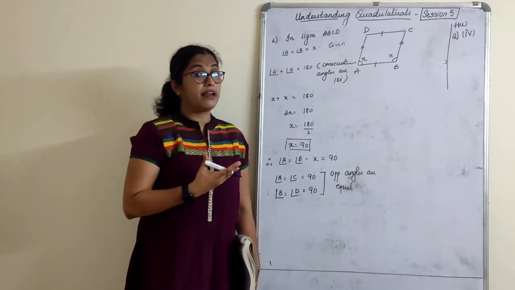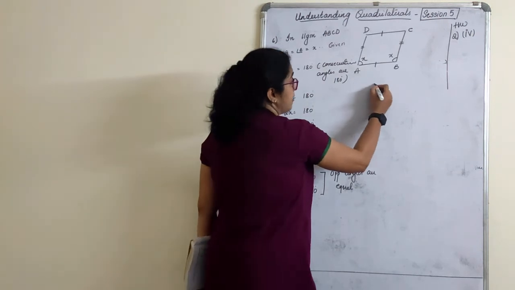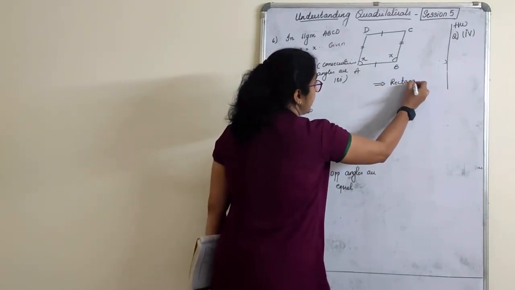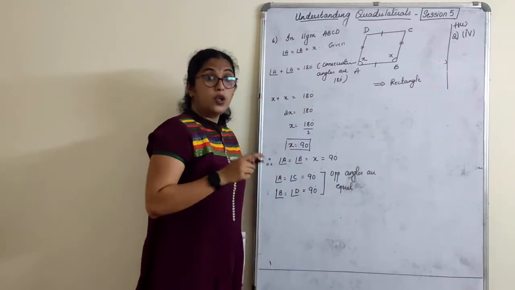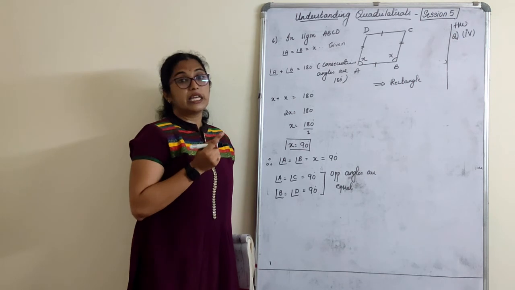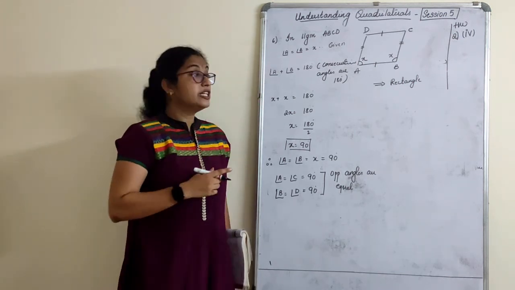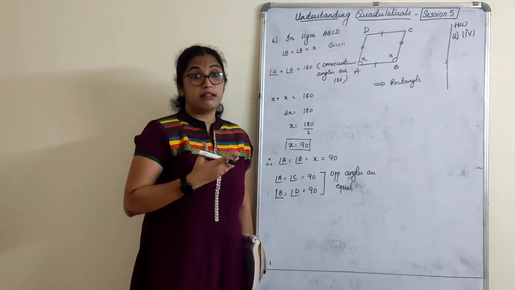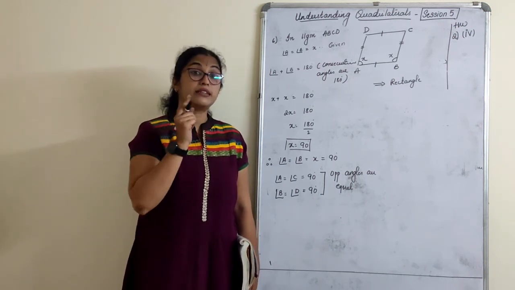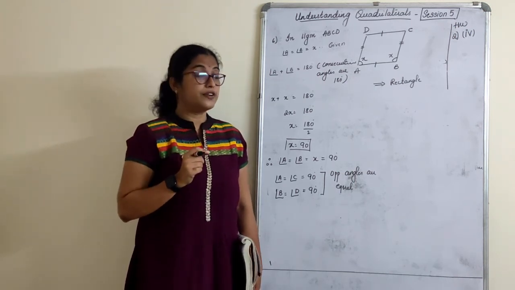Which special parallelogram is it? It is nothing but a rectangle. Why? In a rectangle, opposite sides are equal, same property. All the angles are equal to 90 degrees, same property. So this special parallelogram is a rectangle because it satisfies the angle property of a rectangle.